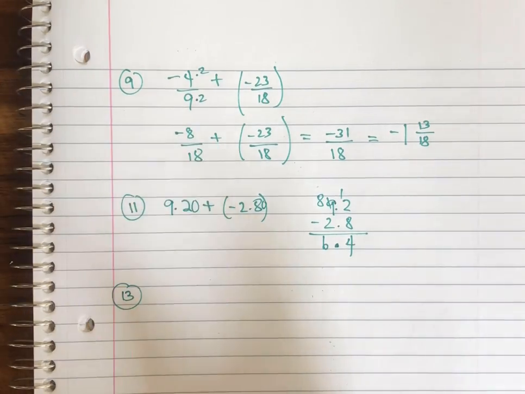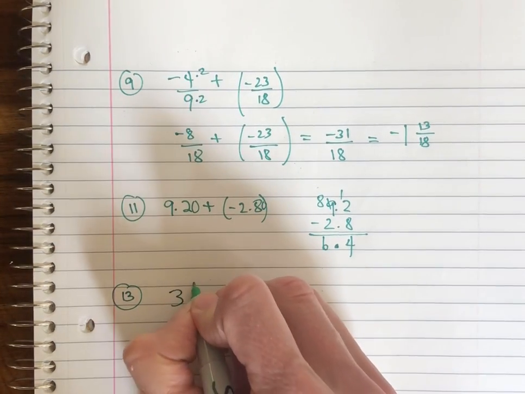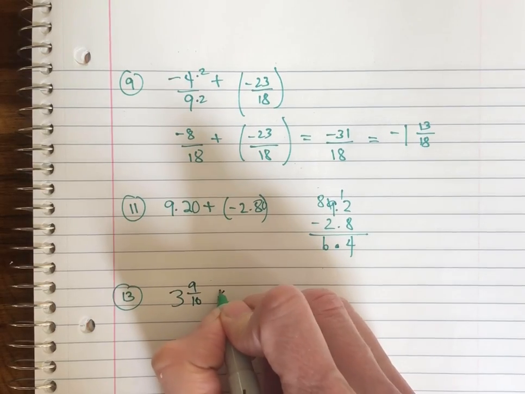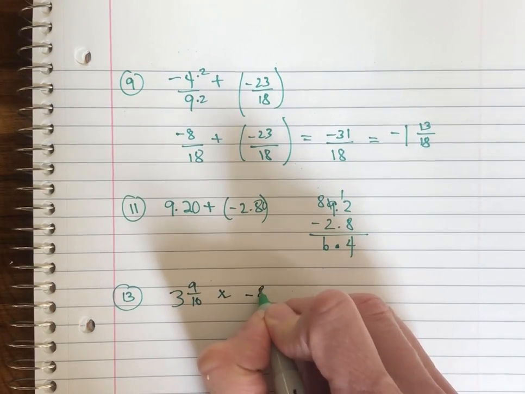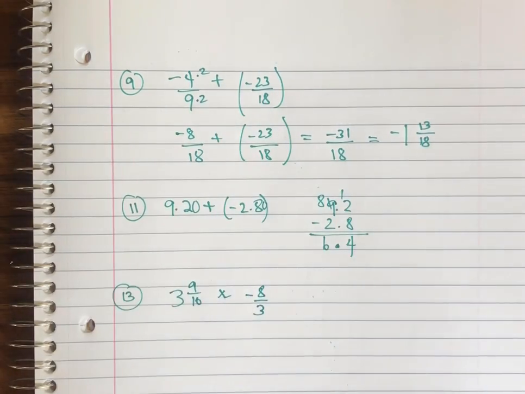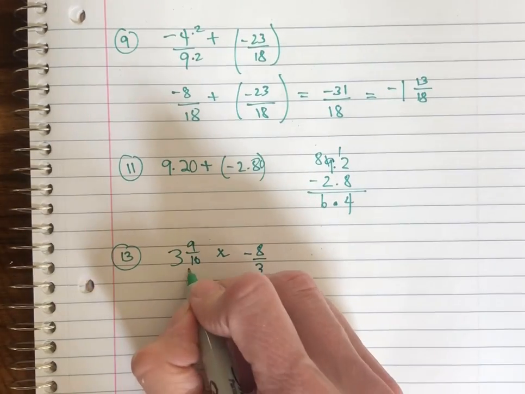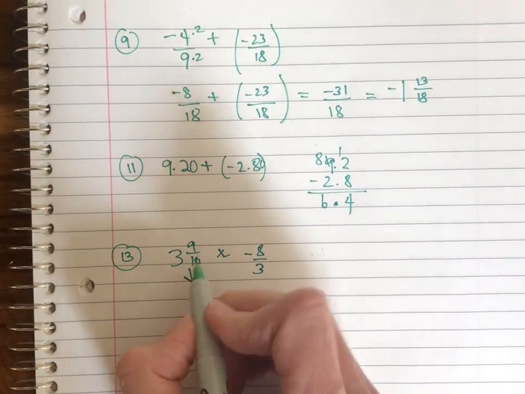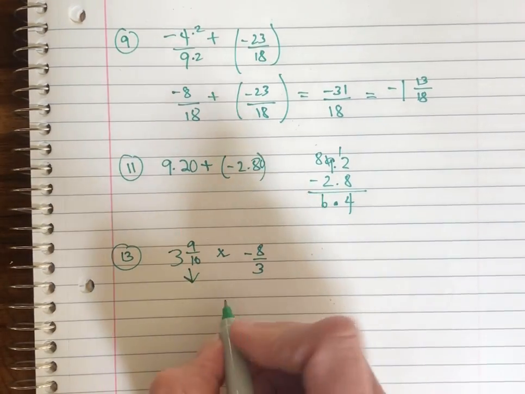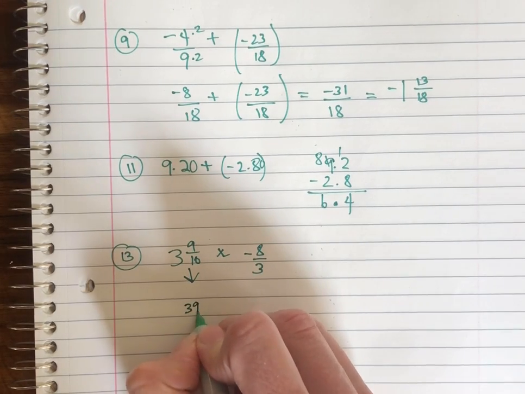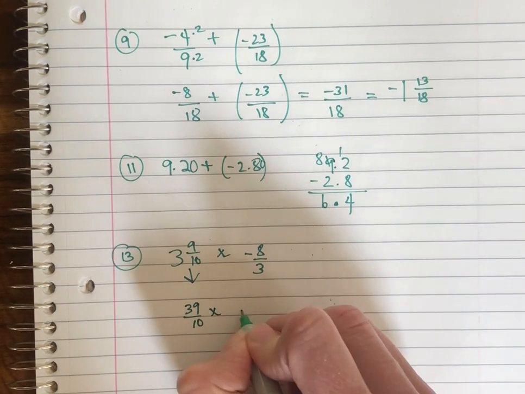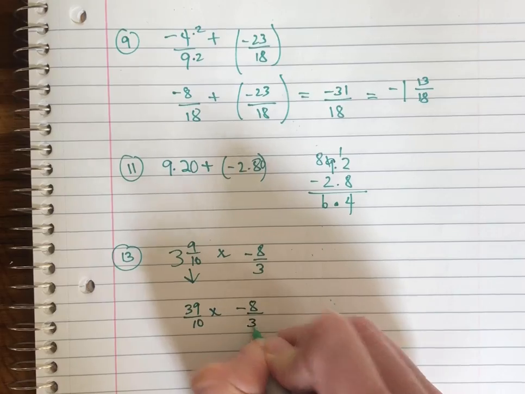Number 13, 3 and 9 tenths times negative 8 thirds. Okay, mixed numbers have to be improper fractions first. 10 times 3 is 30, plus 9 is 39 over 10, times negative 8 over 3.